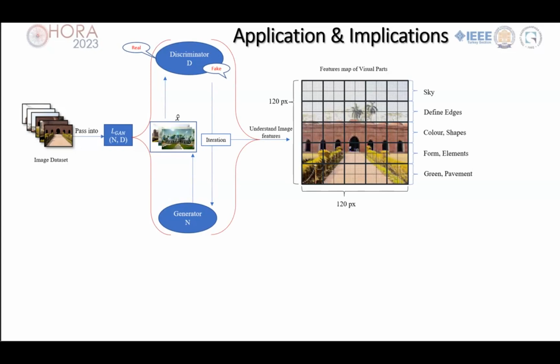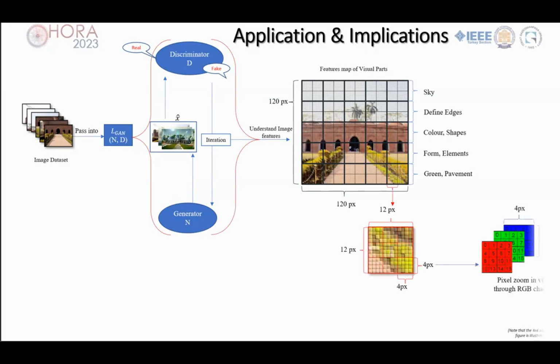With each iteration they get closer, creating the visual features. How does it understand? In this photo we see that it works part by part, holding the pixels to generate. Each pixel has RGB channels, and it distinguishes from that.